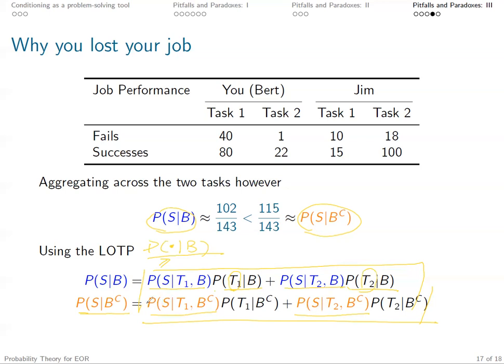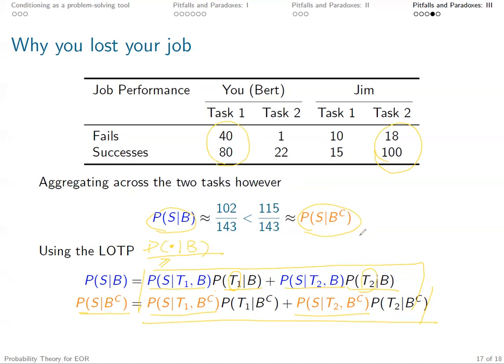So now, what really goes wrong here is if we take a look at the total tasks done by those 2 people, Bert and Jim, Bert is more likely to take task 1, and Jim is assigned with more task 2.